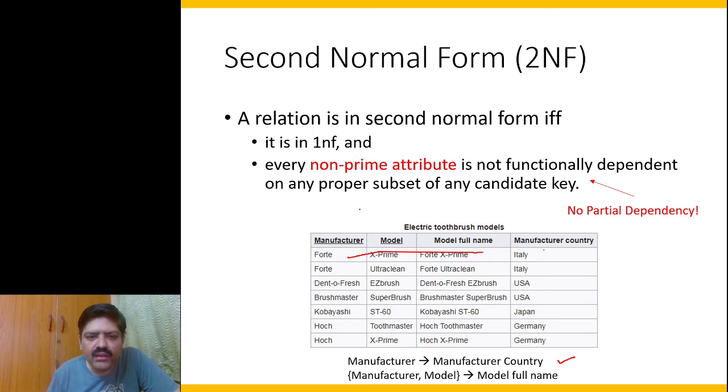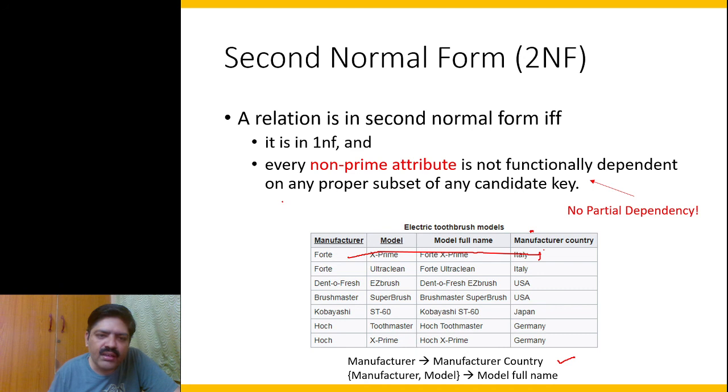So if Forte is always in Italy, then it makes no sense to repeat it for every model that we have. So this is what we call a partial dependency. A non-prime attribute should not be functionally dependent on any proper subset of the candidate key.